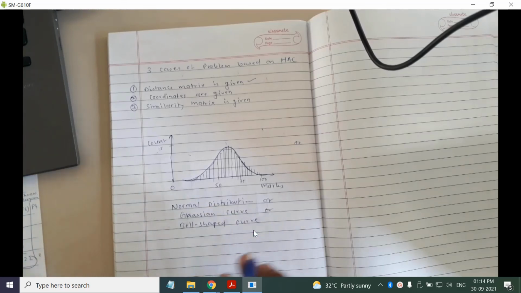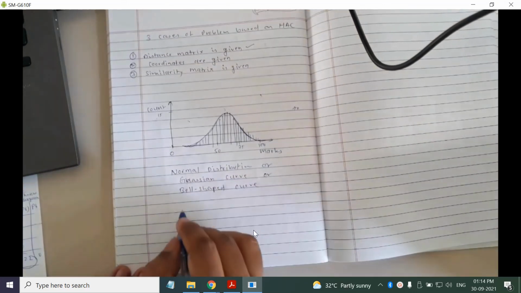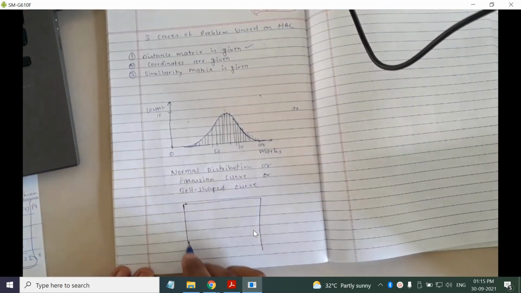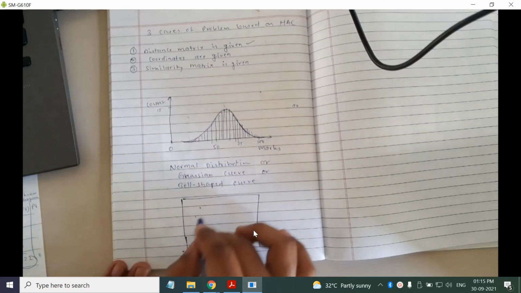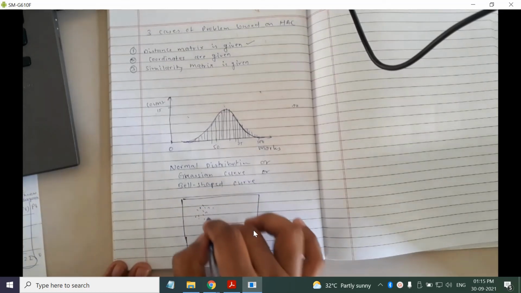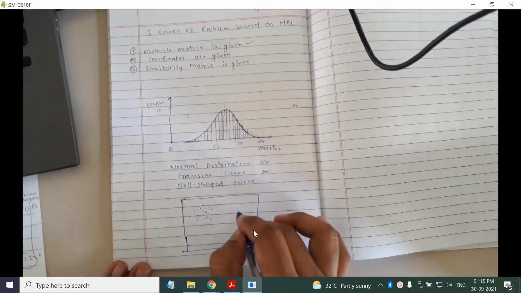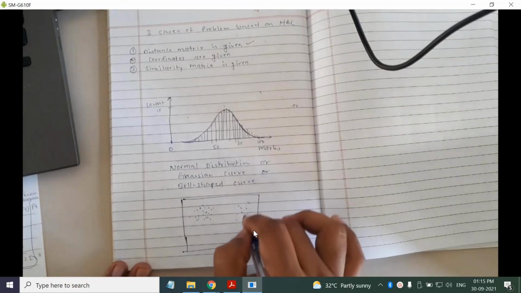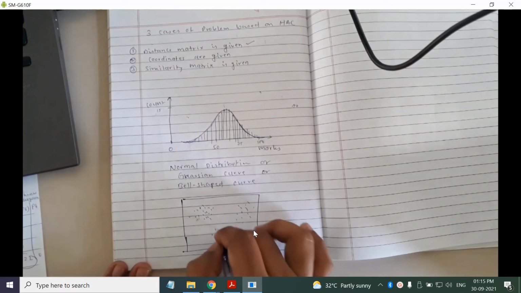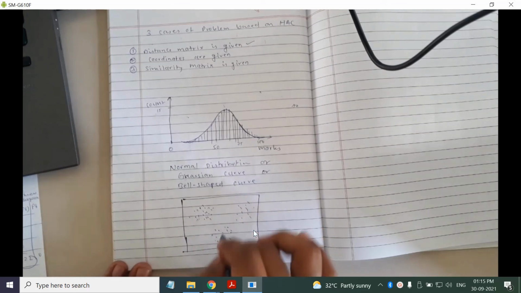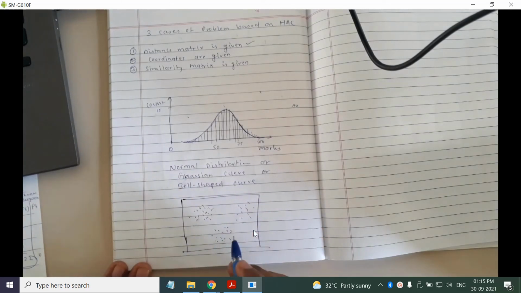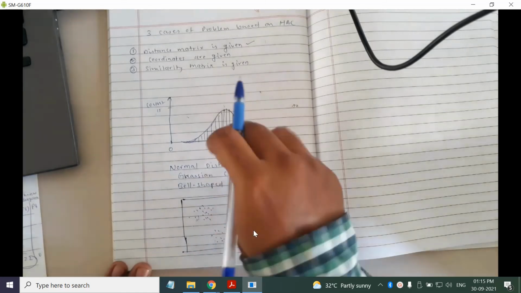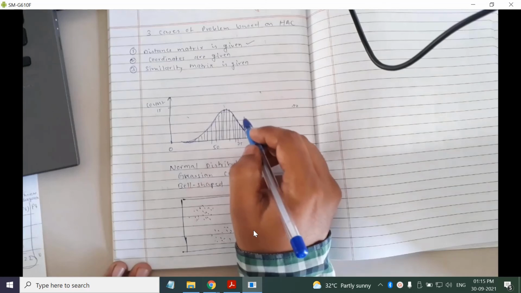Now in the Gaussian mixture model, what we are assuming is this: if I have 2-dimensional data, we have seen the split, right? This is my cluster 1, this is my cluster 2, and this is my cluster 3. Here we assume that the data distribution follows the Gaussian distribution. This is a hat-like structure, right?